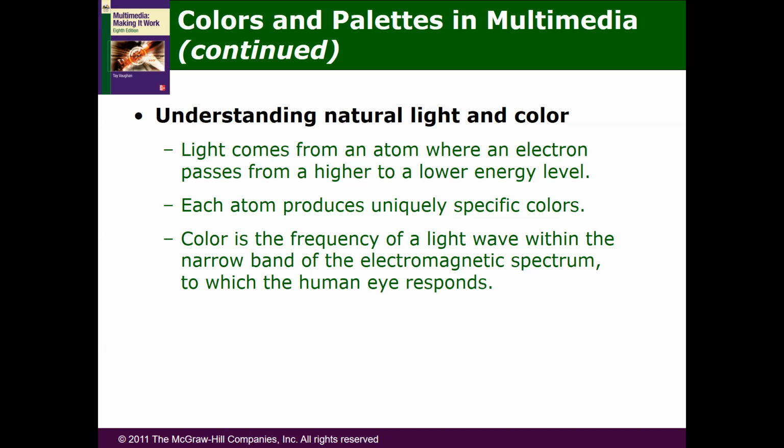So light generally comes from atoms, and each and every atom produces some form of a specific color, and that color depends on the levels of energy that is thrown into that atom. Higher or lower energy levels have different colors.